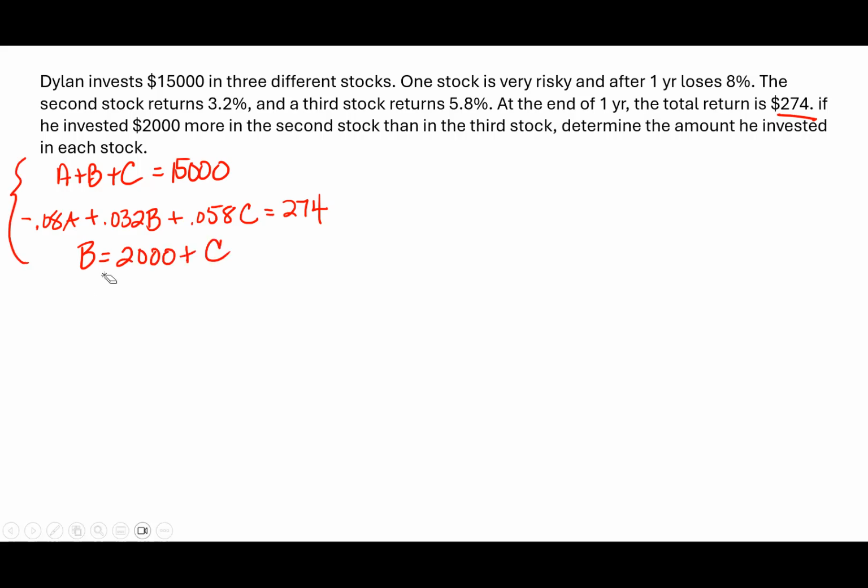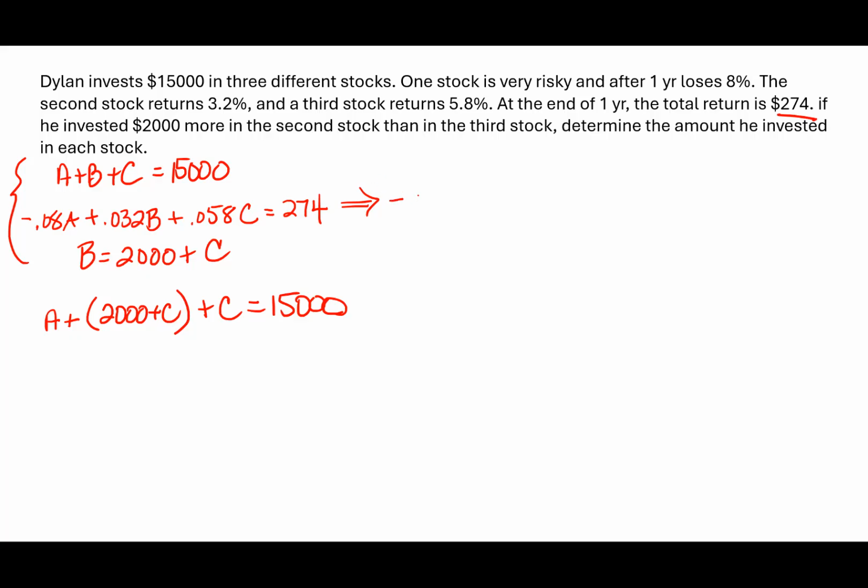So I'm going to go ahead and substitute the third equation into the first equation just so I don't have to take quite so many steps. I'm going to substitute 2,000 plus C in for B in the first equation. So A plus 2,000 plus C is equal to 15,000. I'm going to multiply the second equation through by 1,000 to get rid of all those decimals.